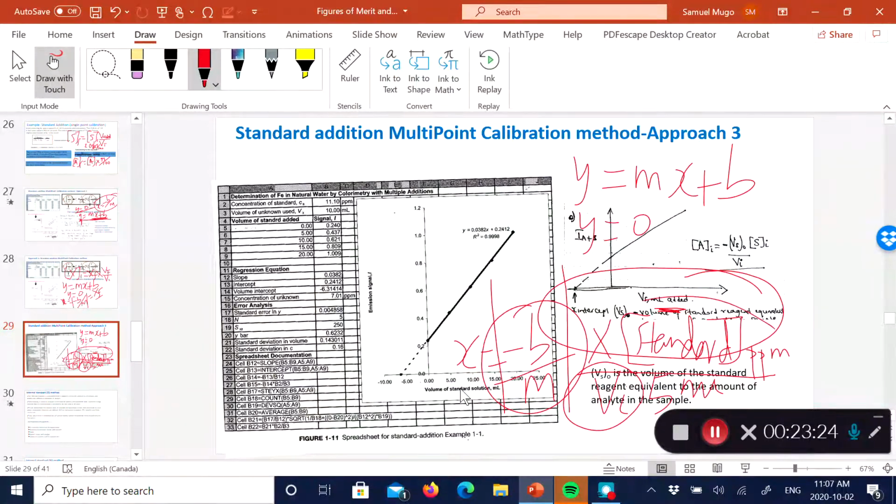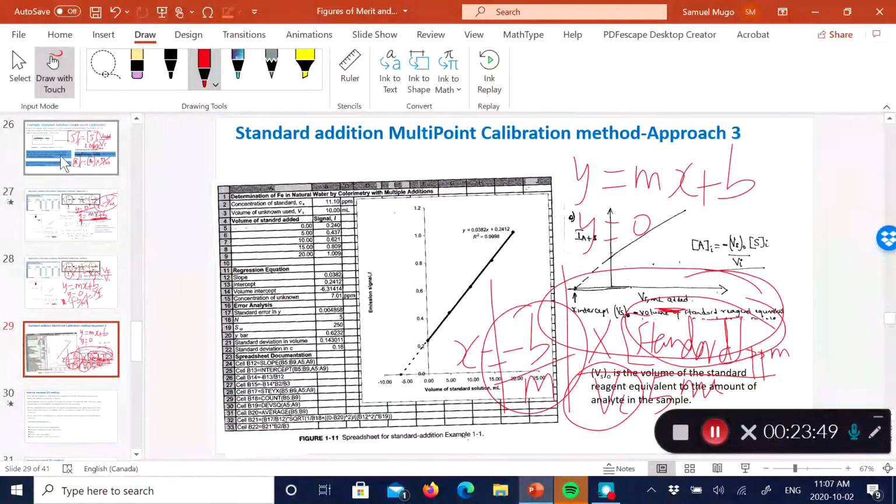And then the concentration of the standard that you spiked, of course. And whatever you get is going to be in concentration units, and that would be the concentration of the sample that you analyzed. So you can see it's a fairly simple method if you simply keep the x-axis as the volume that was spiked.